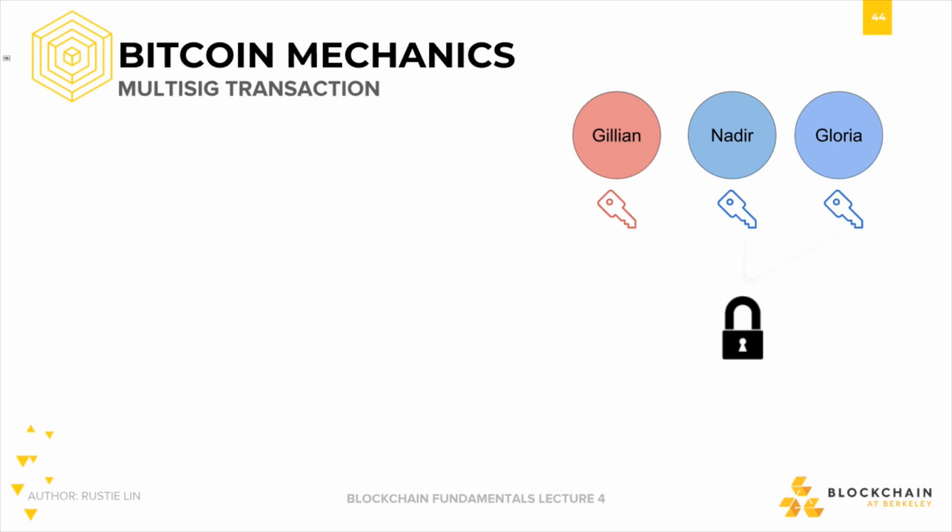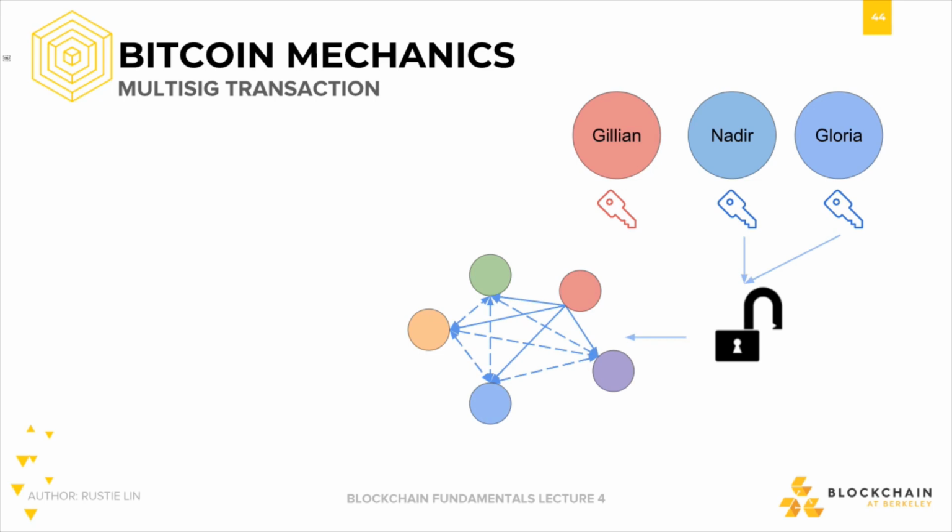The other 2 can unlock and authenticate this transaction going through, and then this will be broadcasted to the network and it'll send me some Bitcoin. So that's one example why multi-signature is useful.